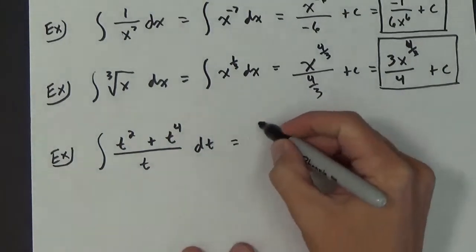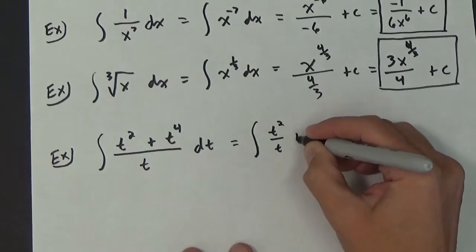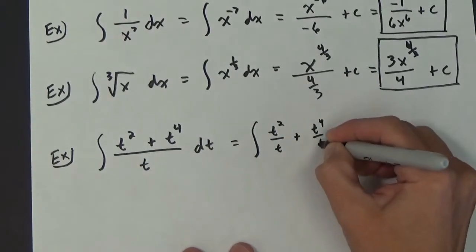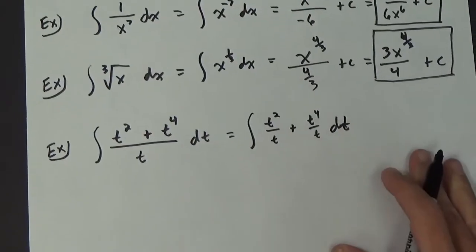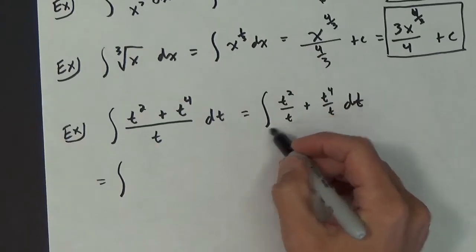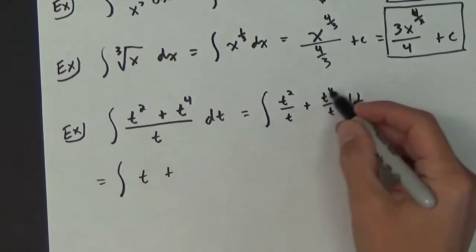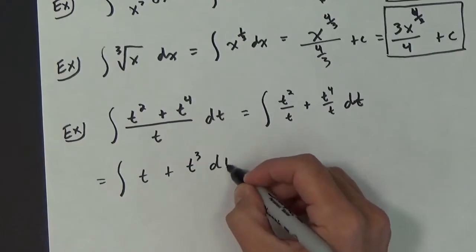All we have to do is rewrite this to be the integral of t squared over t plus t to the 4th over t, so we can separate that into two fractions. Then we get the integral, and t squared over t is just t, and t to the 4th over t is t cubed.